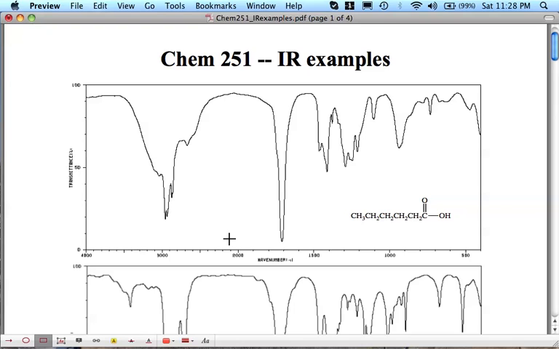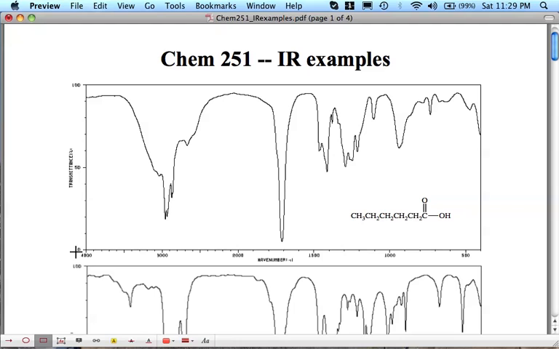So the first thing is to divide the spectrum up into different spectral regions. And if we look along the axis here, you remember that most modern infrared spectra are recorded in wave number, which is kind of that odd unit which is 1 over the wavelength. In the case of IR spectra, they're in reciprocal centimeters, which you can't quite read here.